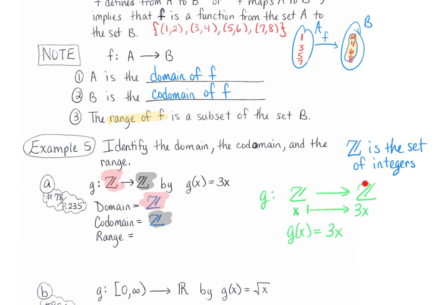So you know the codomain is the set of all integers. So -1, -2, -3, 0, 1, 2, 3, and so on. But your range consists of all the, how can we say 3x in words? All the what?